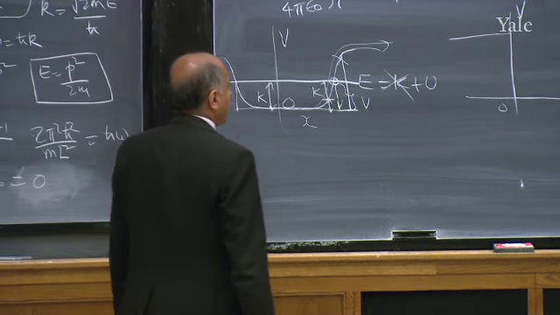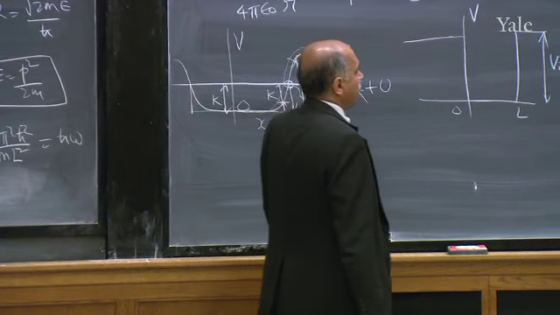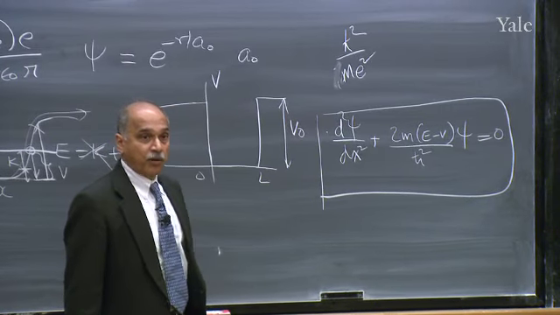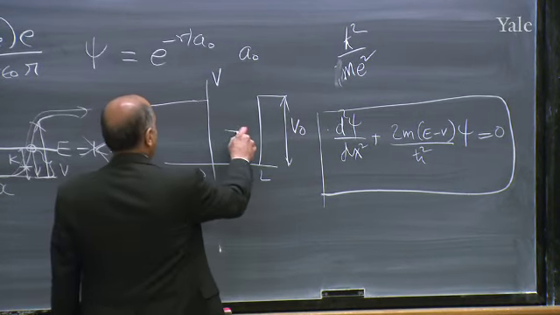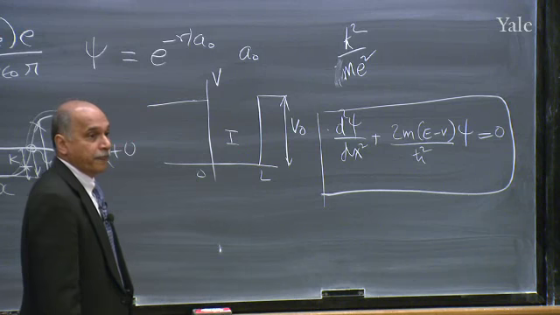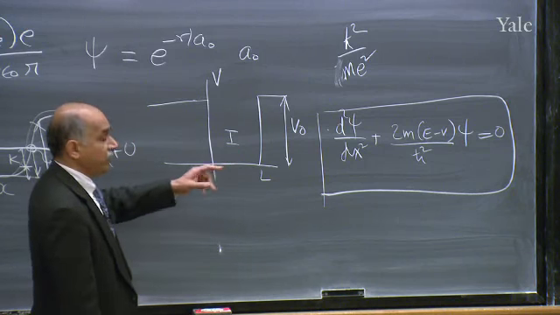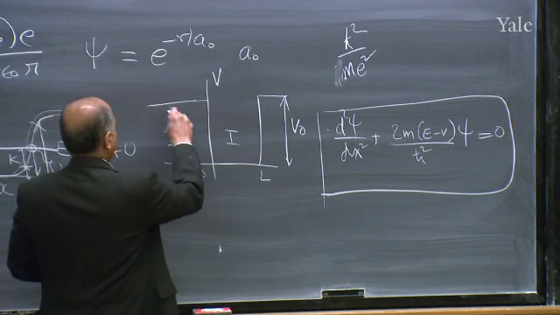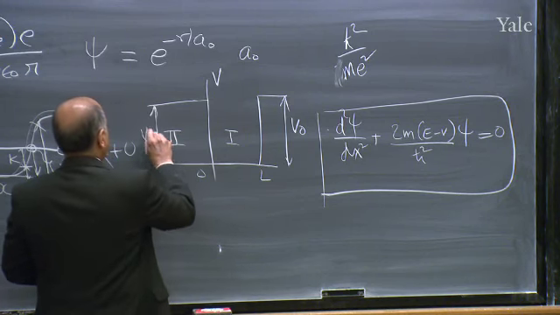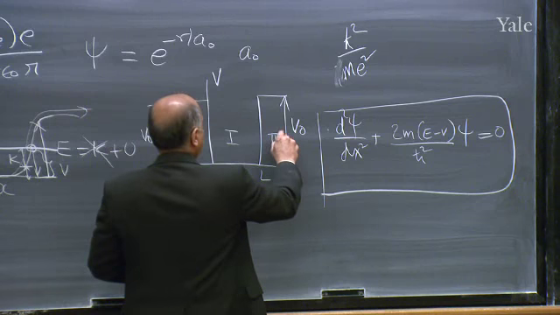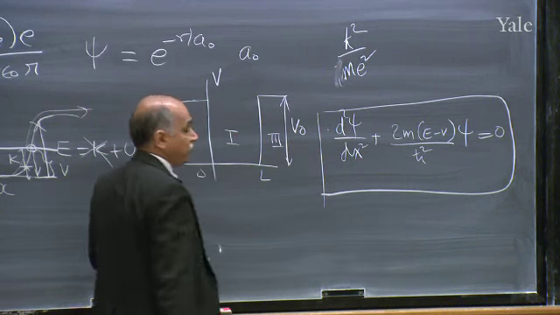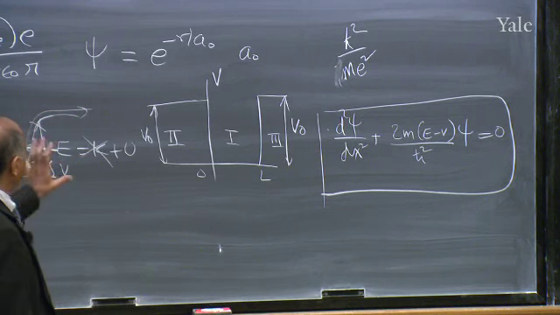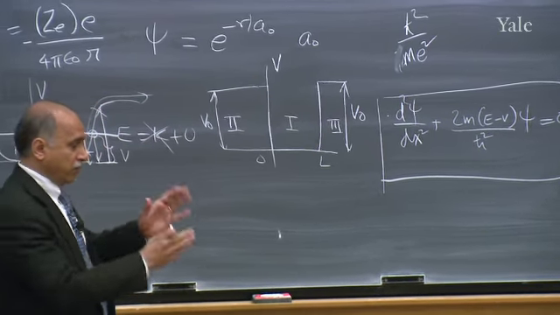So how do we solve this problem? Well, V varies with position. So there are three regions in the problem. There's region 1, inside the well. Inside this well, V is 0. Outside this well, in region 2, it's equal to V naught, some constant. Likewise, in region 3, to the right of the well, it's also V naught. So we're going to solve this equation in three different regions: middle, left, and right.